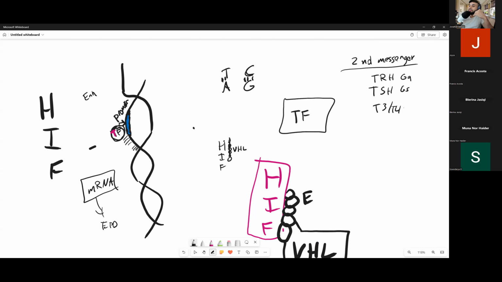Therefore, HIF is liberated. It starts to increase. And when it increases, it's able to enhance the promoter region. It's able to promote transcription factors, which will bind to this region. What happens next is we have DNA-dependent RNA polymerase. Yes, this is what we have.